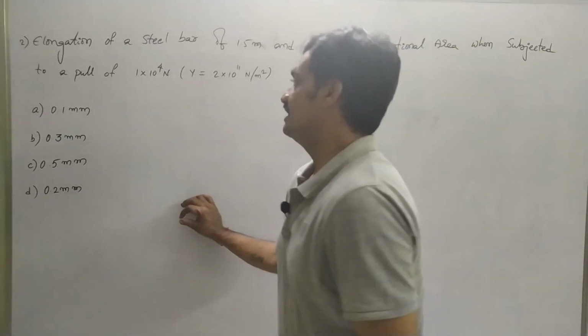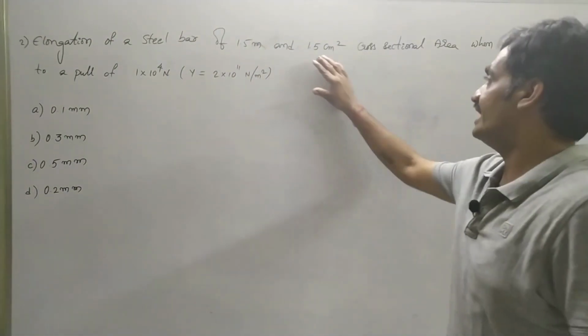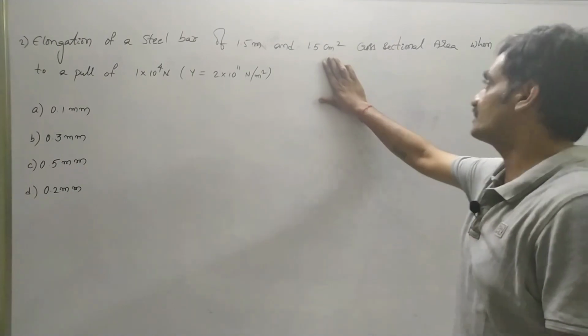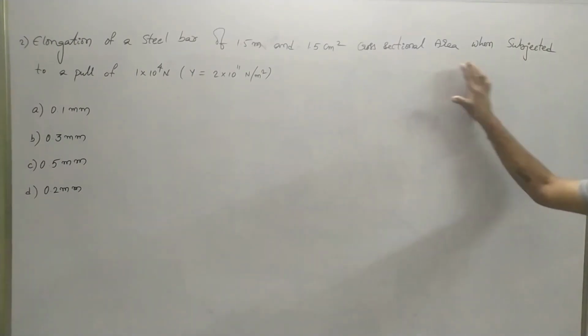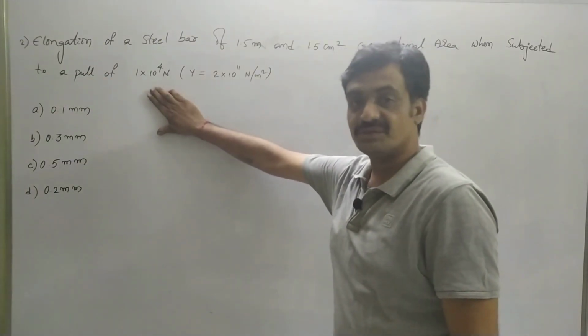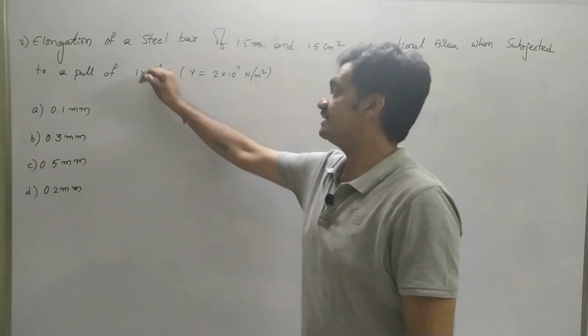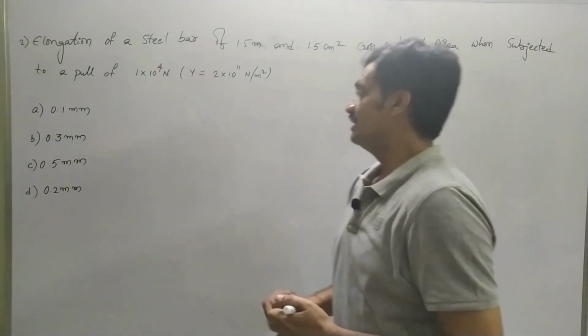Observe the next problem. Elongation of a steel bar of 1.5 meter and 1.5 centimeter square cross sectional area when subjected to a pull of 1 into 10 to the power of 4 Newton. Then here we have to represent the elongation value.